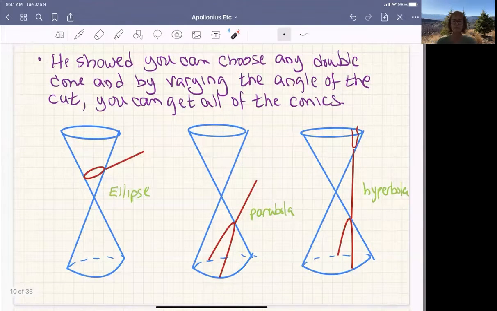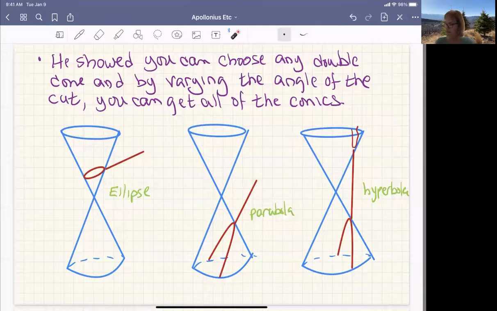Finally, he showed that you can choose any double cone at all. It can be a right cone or it could be an oblique cone, so it could be slanted or not.